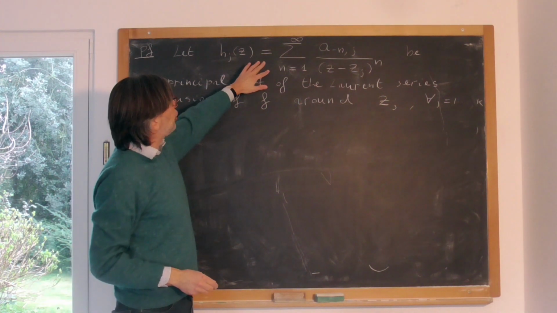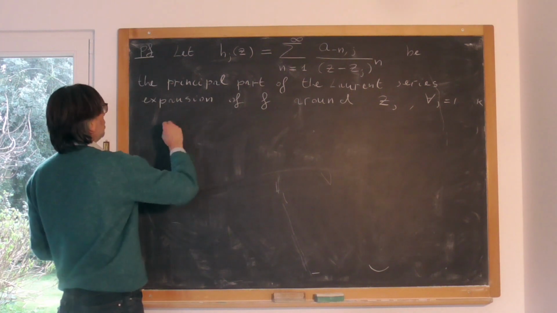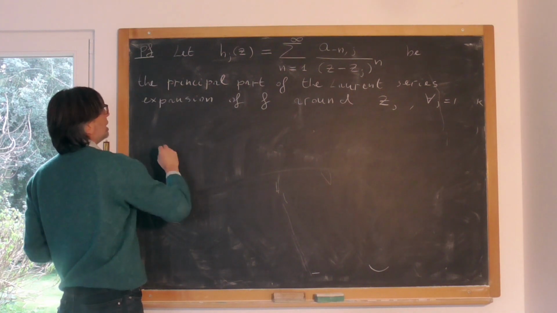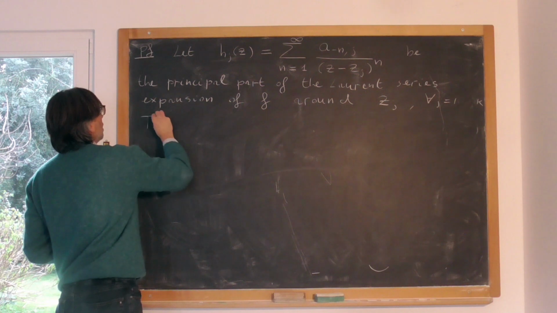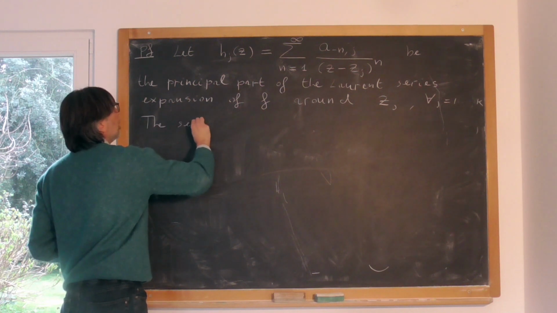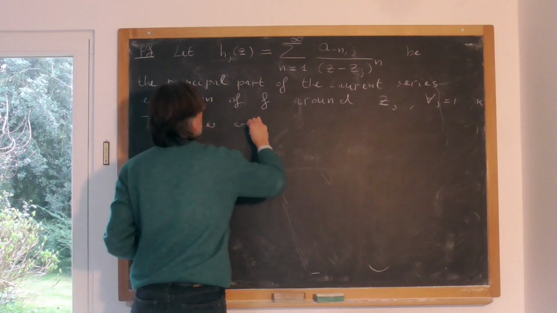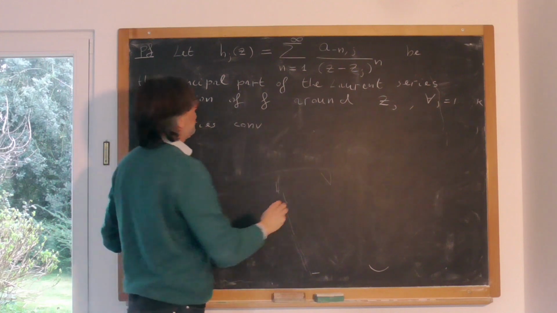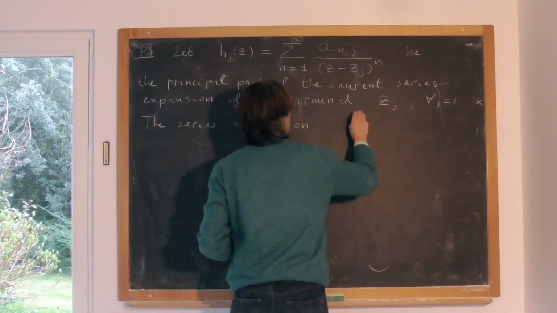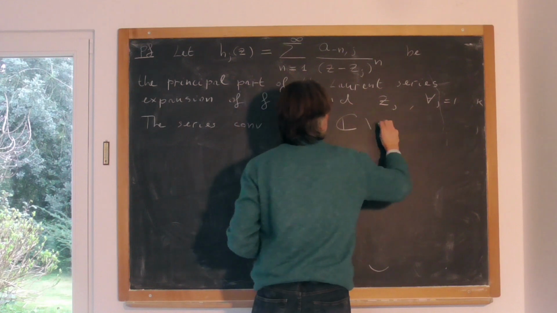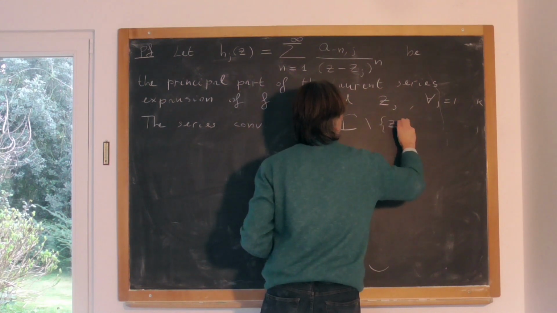Okay, this series defining hj converges, each of them converges on C minus the point zj.